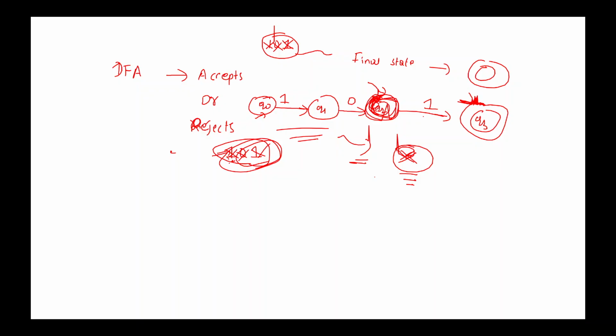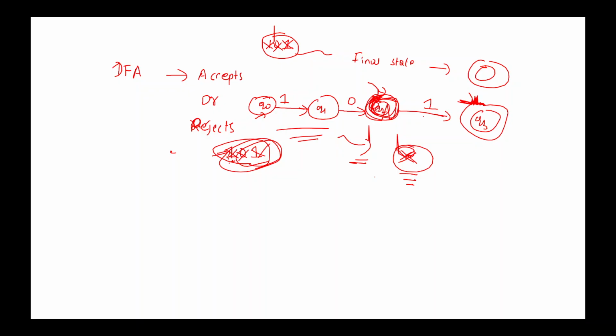But when it doesn't end at the final state and it ends at any other state, then we say the string is rejected and our mathematical model is not correct. So basically we have to design in that way, so that our model takes some input symbols, goes under transitions to different states, and at the end of the string, receiving the last input symbol, the transition goes to the final state.